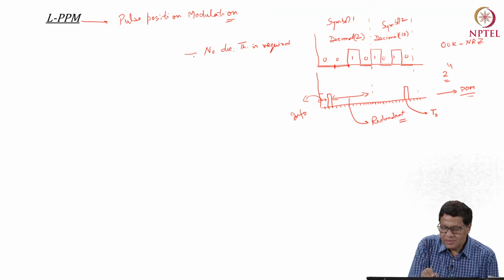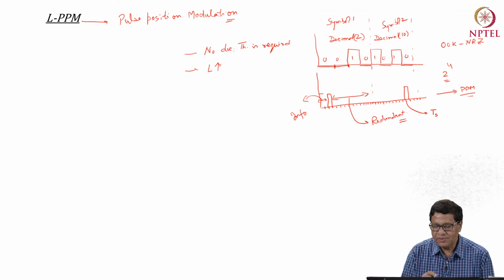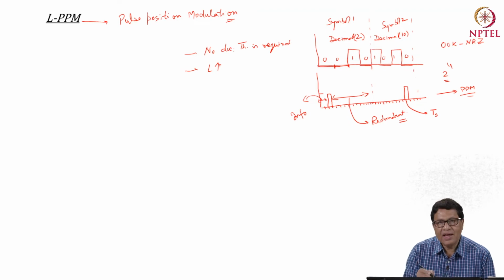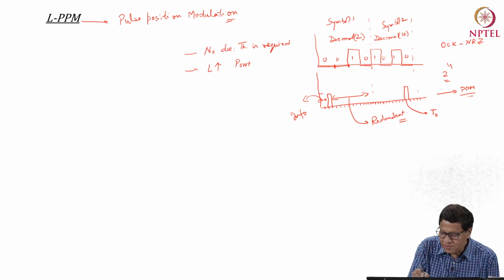And as L increases, this is a case of 4 PPM, the average power improves, the power efficiency improves. So you require less amount of power.